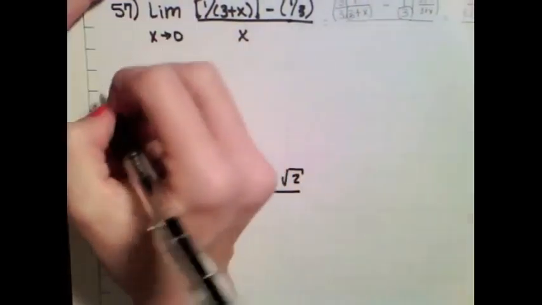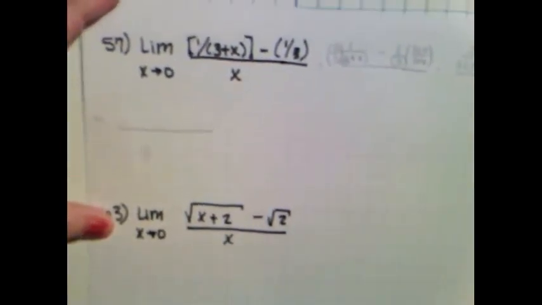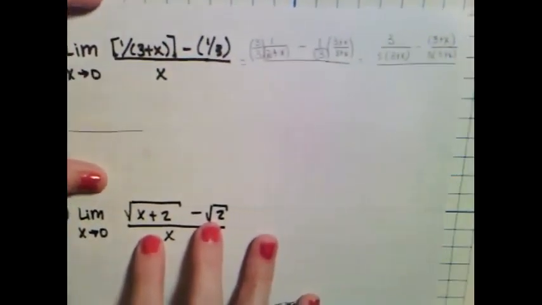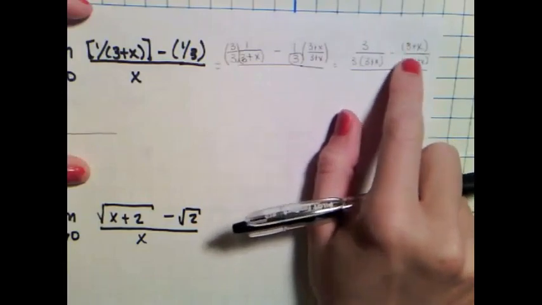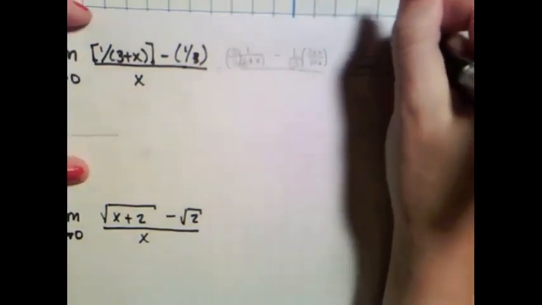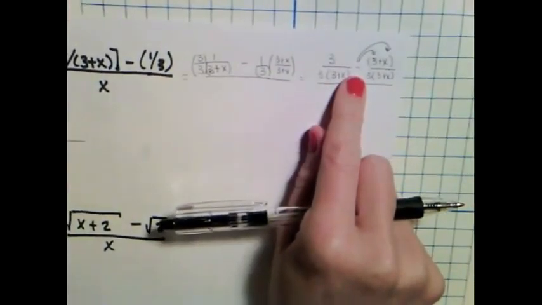So I'm going to go down here on my paper and rewrite this. Remember, I'm just working with my numerator. I'm going to rewrite this as 3 minus, in this parenthesis, 3 plus x. I'm going to distribute that negative sign.